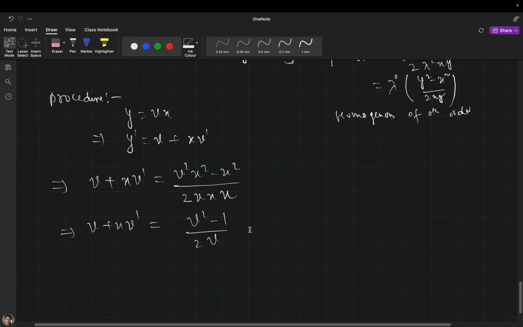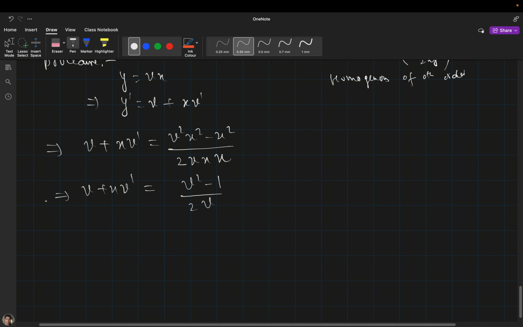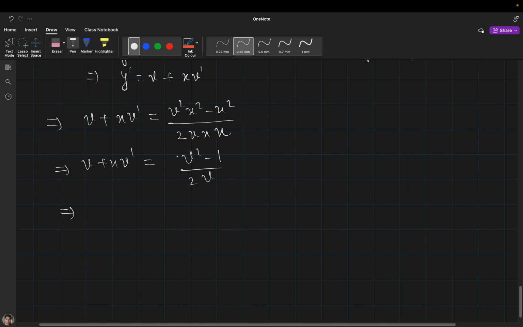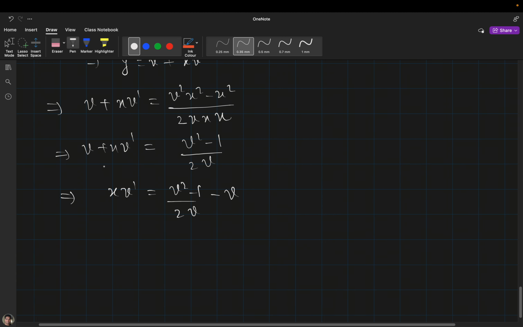Is it clear up to this point? Tell me. Is it fine? Yes, sir. Any doubt here? Tell me. Okay. Then what will you do? You can see that all variables are separable here. So x v dash equal to v square minus 1 divided by 2v minus v, and I will transfer this here.